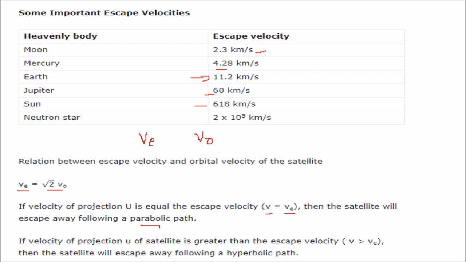And when V is greater than V_E, then the satellite will escape away following a hyperbolic path.